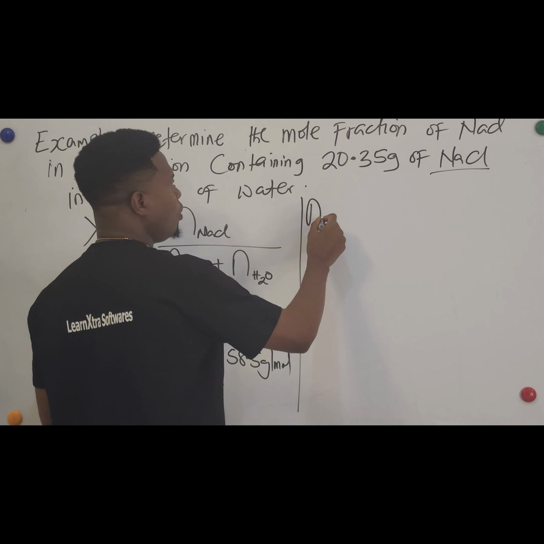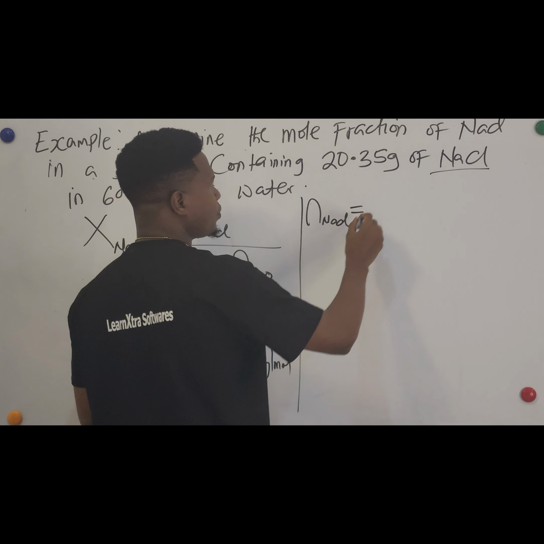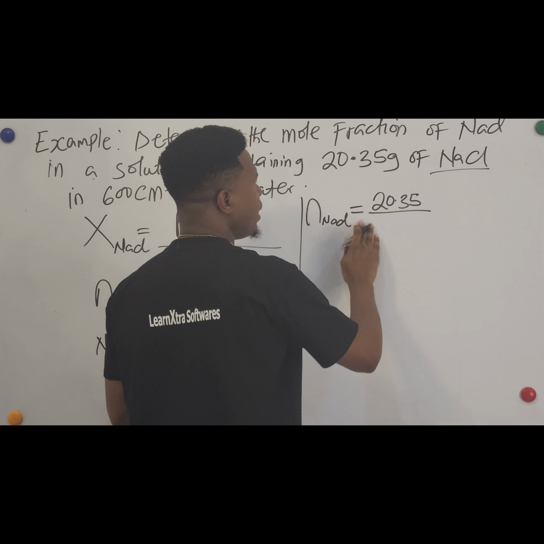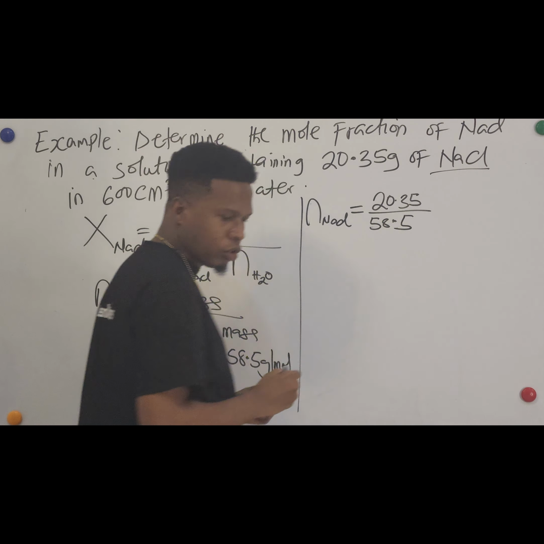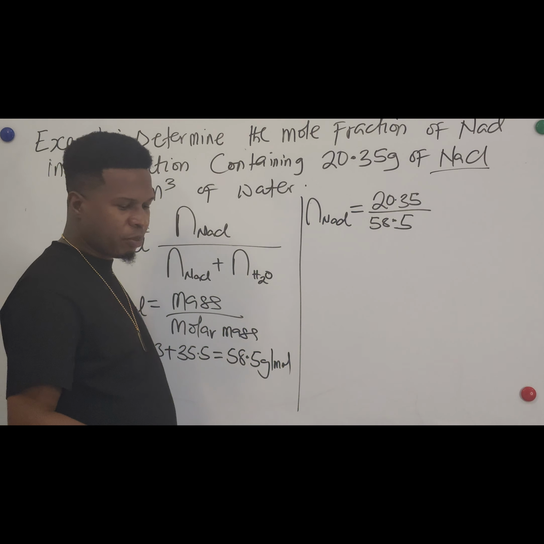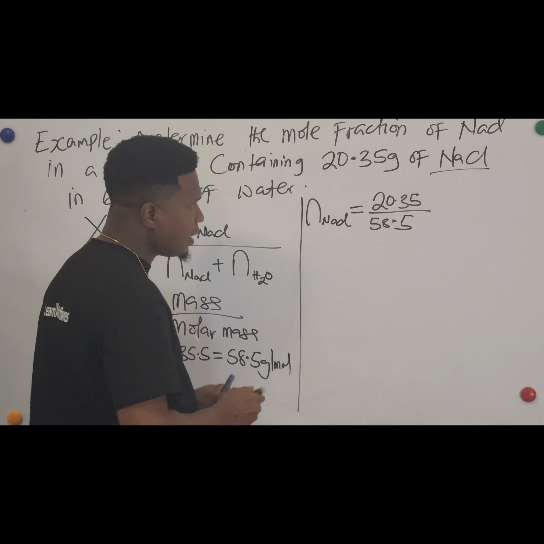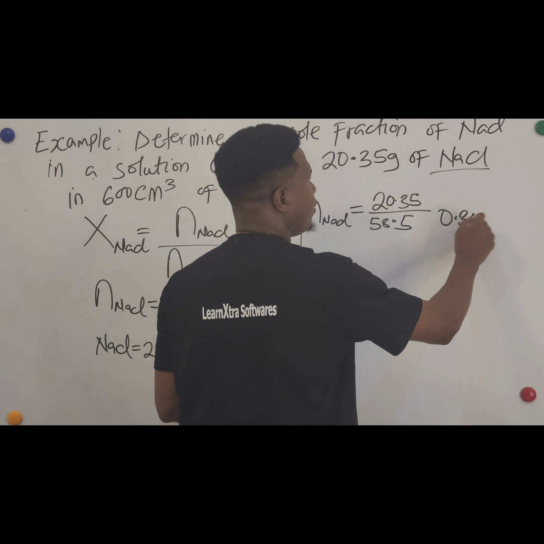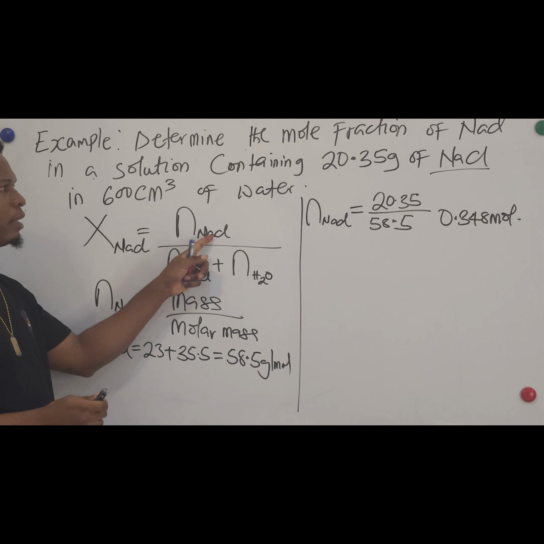So the number of moles of sodium chloride will be 20.35 divided by 58.5, which gives 0.348 moles. That is the number of moles for sodium chloride.